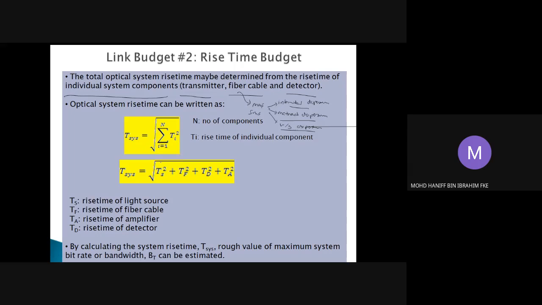Okay, so back to the discussion of rise time budget. The rise time of the system in total can be written as this equation here, where the total system rise time for the optical fiber-based system will be the square root of the summation of Ti squared from 1 to n, where n is the number of components in our system, and Ti is the rise time of the individual component.